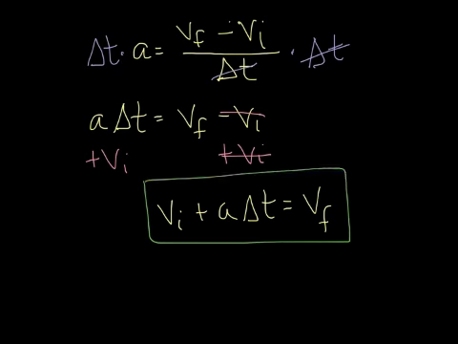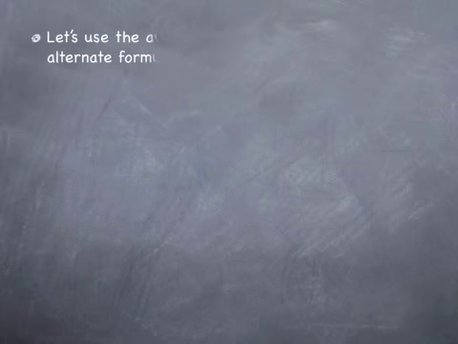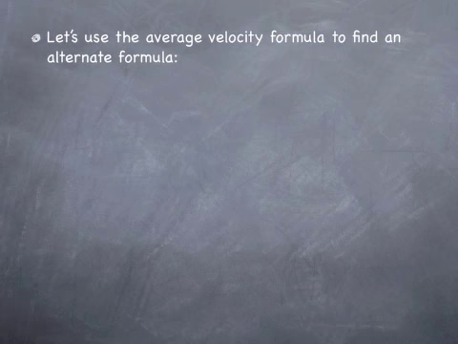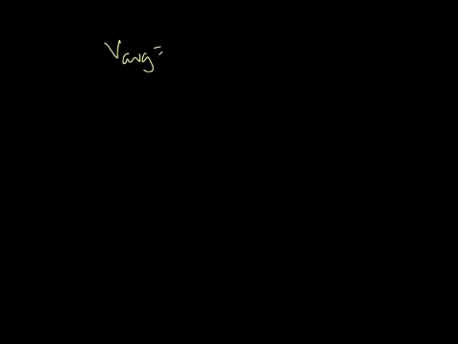This is the first of our 4 kinematics equations. So draw a box around it and label it as equation 1. Now we will use the average velocity formula to find an alternate formula. The average velocity formula is v average equals delta d over delta t.